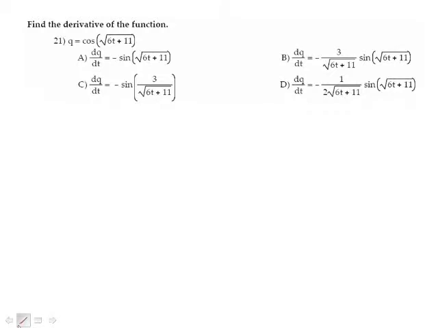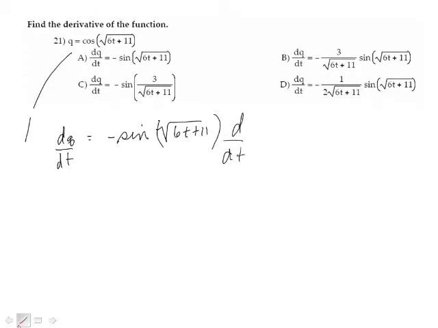Problem 21, we want to take dq dt. Here we're getting into the chain rule. dq dt is going to be minus sine of the square root of 6t plus 11 times the derivative with respect to t of 6t plus 11 to the 1/2.